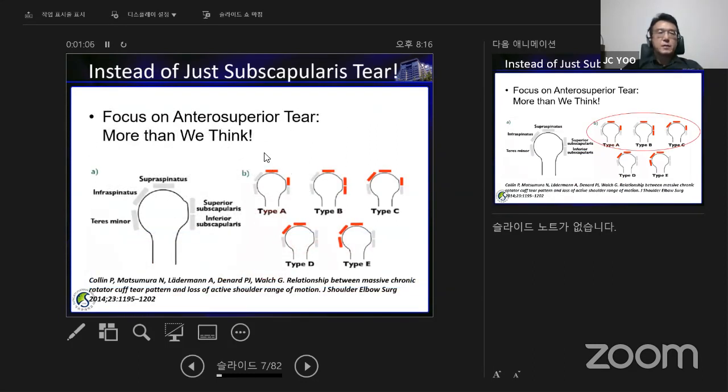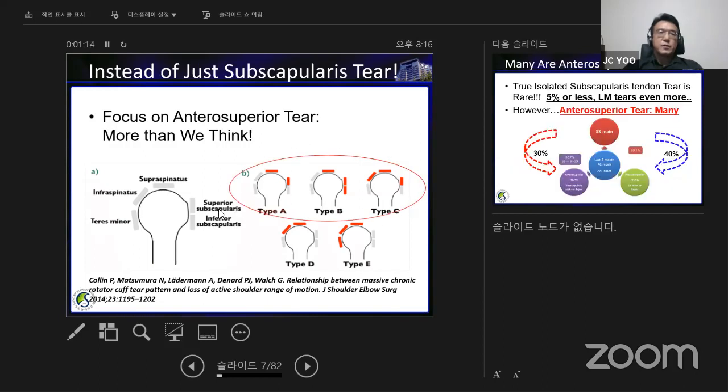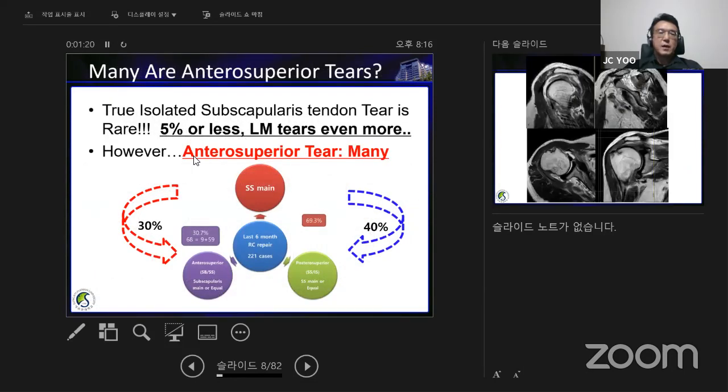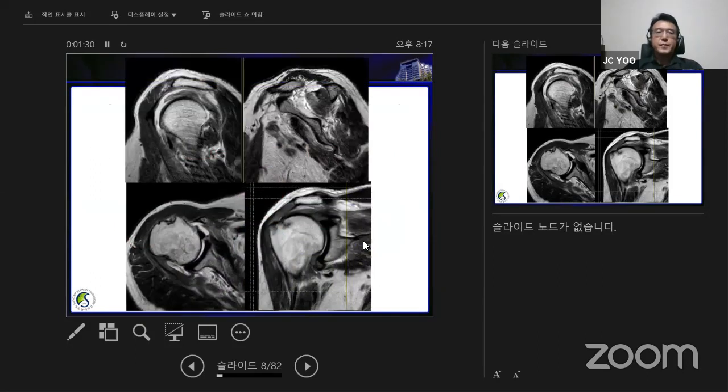And I think recently we've been using a lot of this classification by Collins. In my own 6 months of cases, out of 200 cases, 30% is anterior and 40% is posterior superior, so it's pretty much the same number.